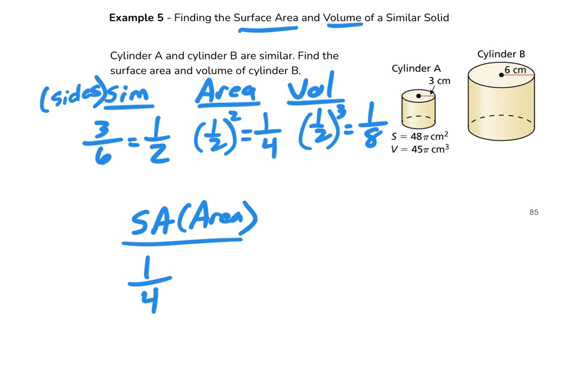So we're going to do area. 1/4 equals, they give me the surface area of the smaller one, right? We want to find the surface area of the big guy. So 48 pi is smaller down here, 1 is smaller than 4, so 48 pi goes on top. We're trying to find the area of the big one, so that's my x.